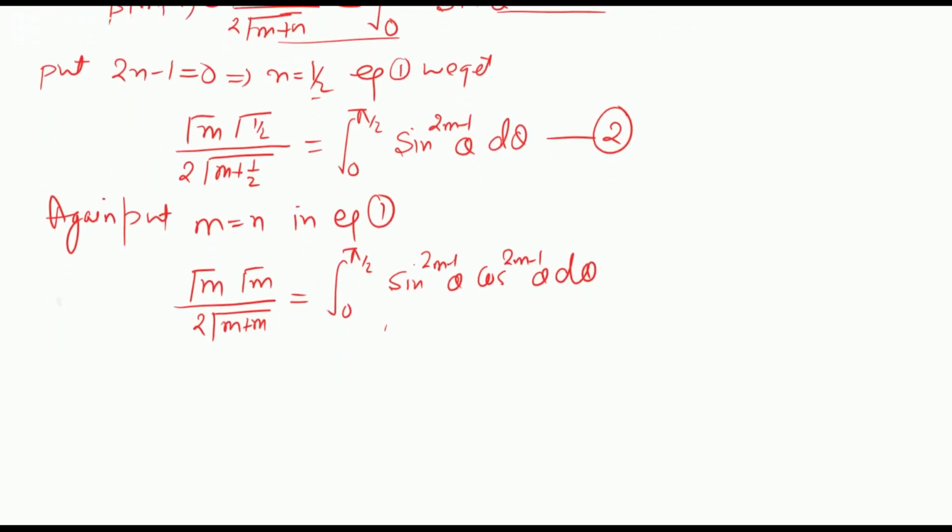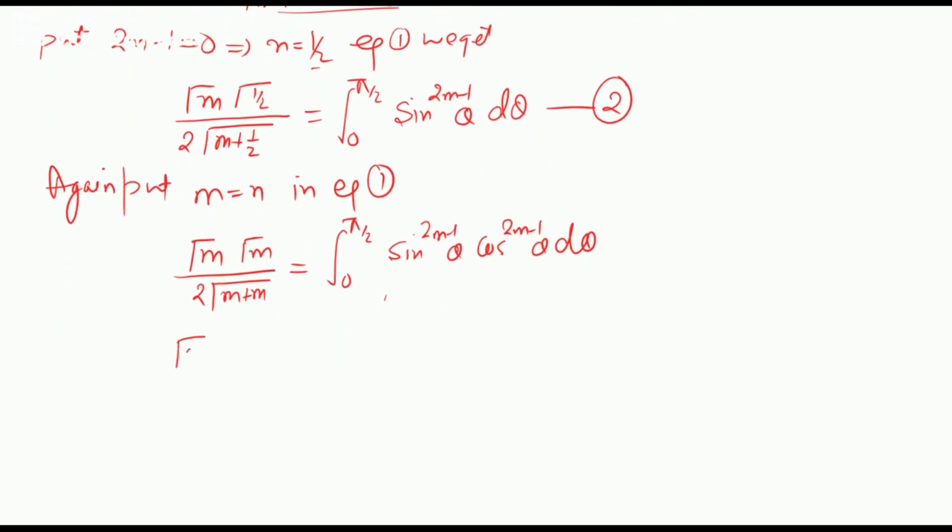Now you can write gamma m whole square upon 2 gamma 2m on the left hand side, and on the right hand side the integral from 0 to pi by 2 of (sine theta cos theta) raised to power 2m minus 1 d theta.